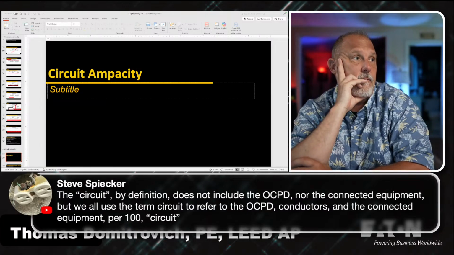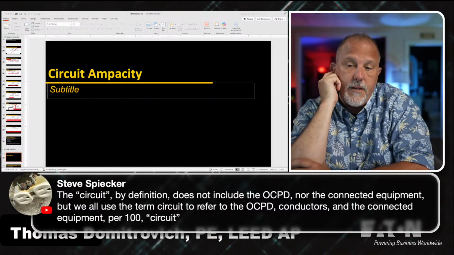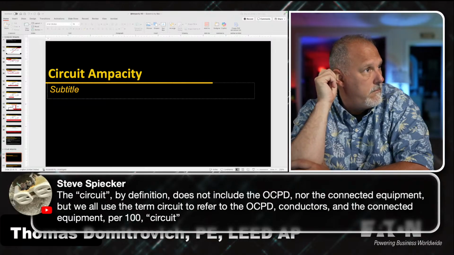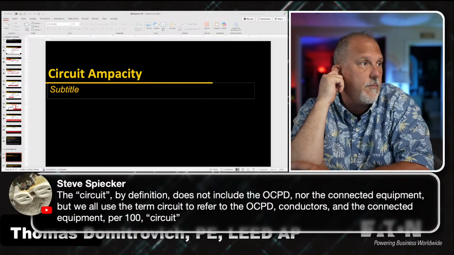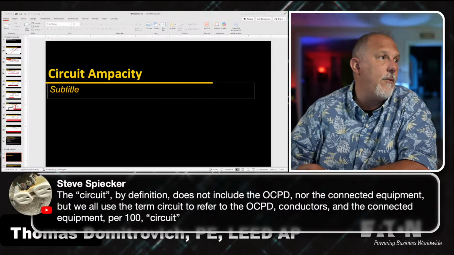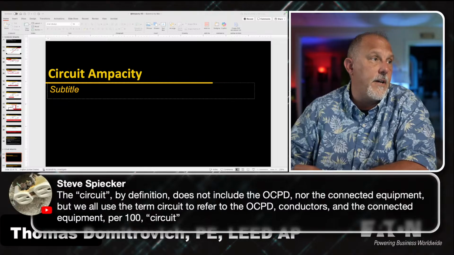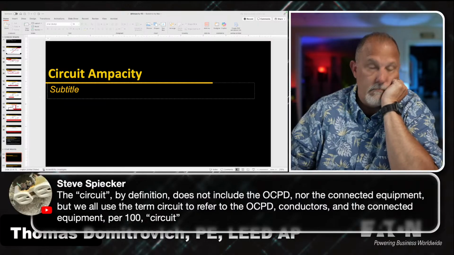Circuit's not defined. Steve, where are you getting the definition of circuit from? Because I'm not seeing it being defined. I have circuit breaker, adjustable circuit breaker. I don't have the term circuit in Article 100 defined. And when there's no definition, make one.